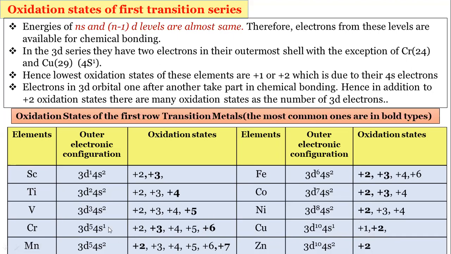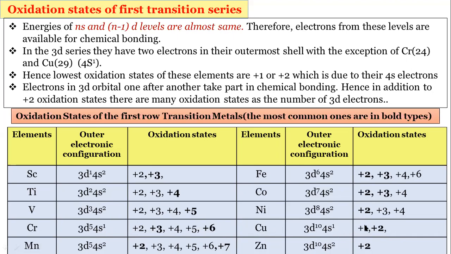Chromium also shows +1 oxidation state, but it is very unstable. It is not shown here. Only chromium and copper show +1 oxidation state, but it is very unstable, as there is only one electron in the s orbital, s1.